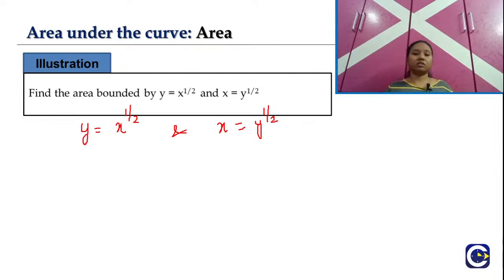Come on guys, quickly. First figure out which standard form of equation this is and for which you have to find the area.